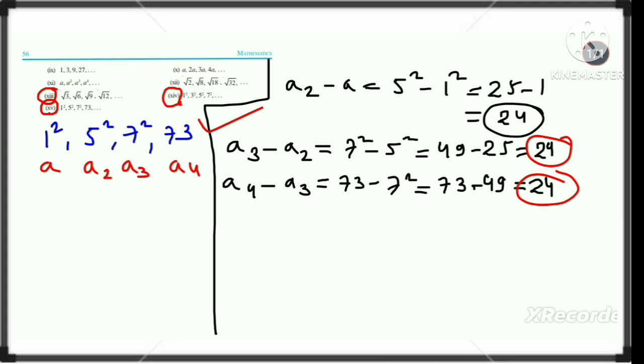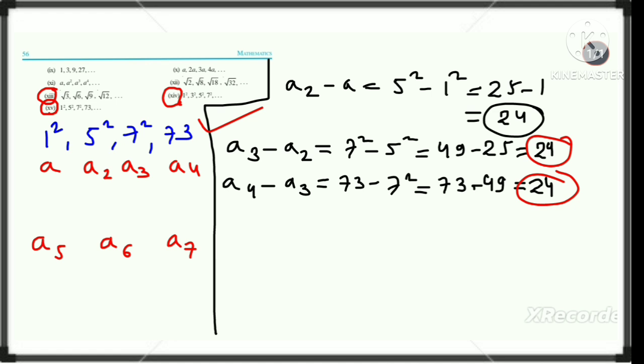Now according to this question we need to find its 3 more terms, right? And these terms are a5, a6 and a7 we need to find, right? For that, simply we add the common difference to consecutive terms.